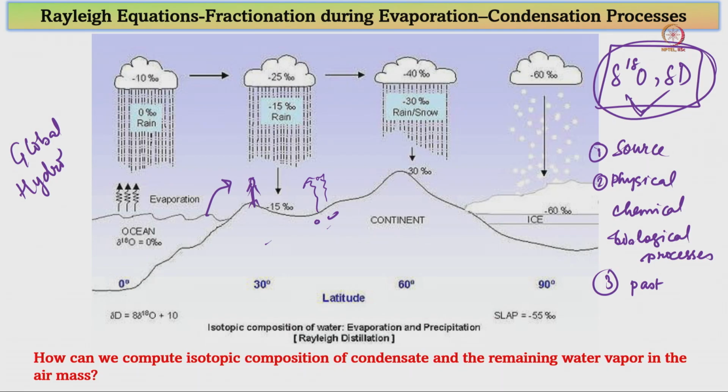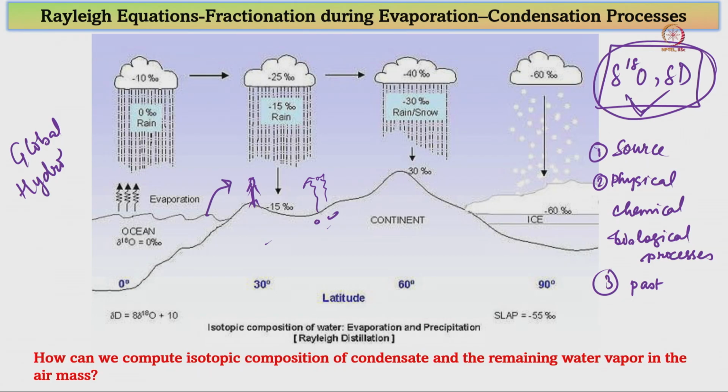When we ask these questions, like what kind of sources the water masses could come from, what is the vapor source, we can utilize stable water isotopes as tools to do this kind of source apportionment, like whether it is coming from the Indian Ocean, whether it is coming from the western side of the Indian continent, or whether it is coming more from the inside of the continent itself.